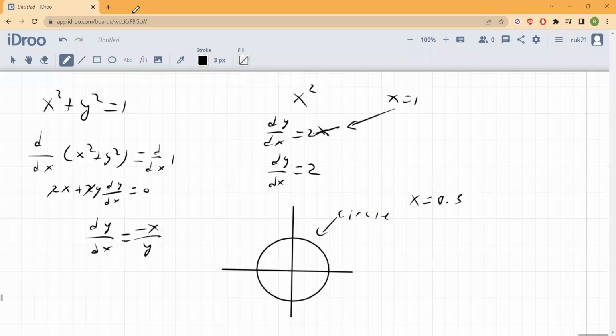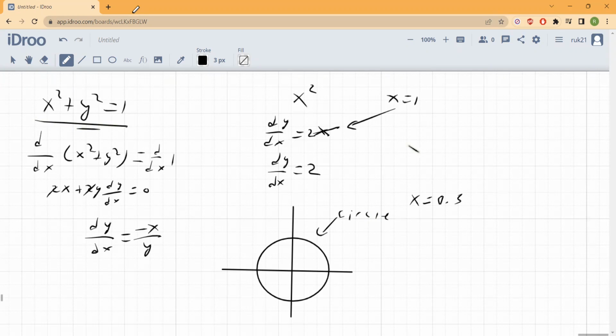Well, the answer is actually a lot simpler than we would think. Because if we're looking for the x coordinate and we know it's 0.5, then we can easily find the y coordinate. How do we do that? Well, we have the function right over here, right?